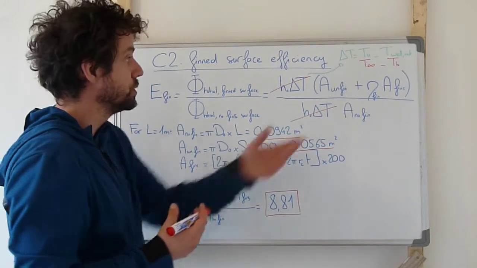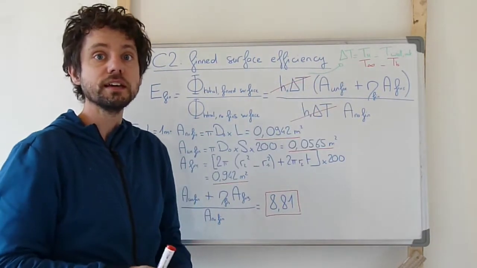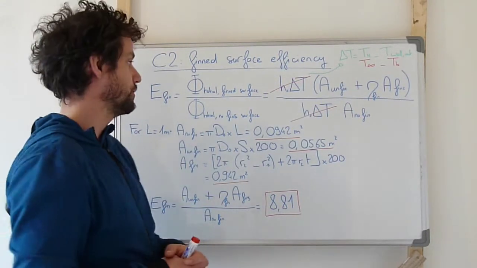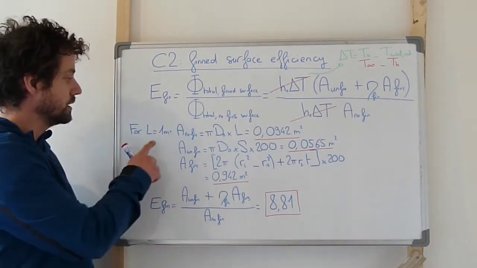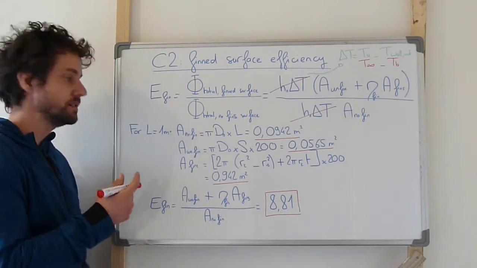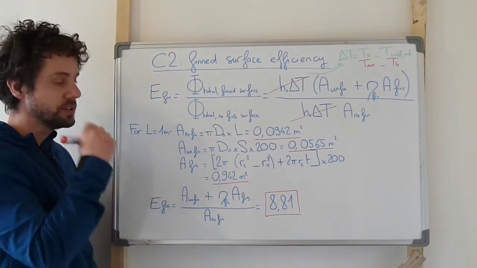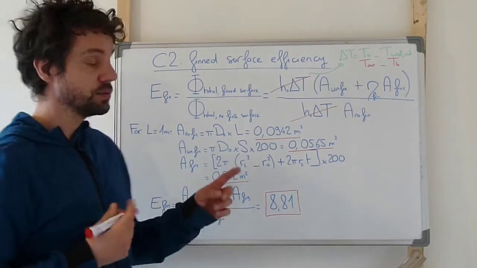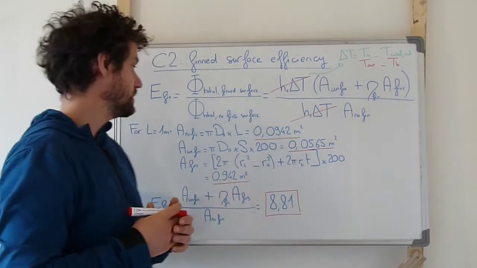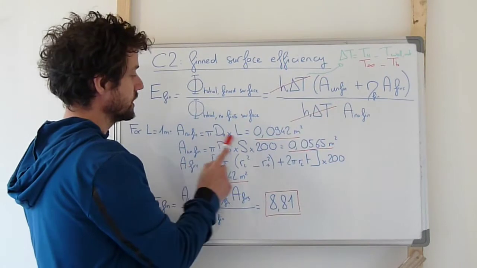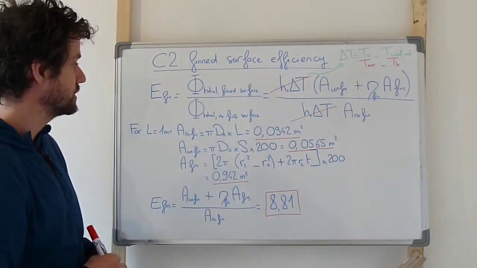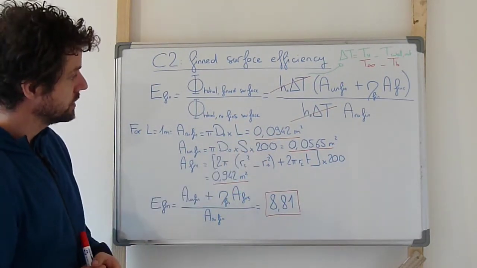But anyway we just want a ratio, so we can take any length for the calculation of the efficiency. I suggest to take as a basis a length of 1 meter, because we know that we have 200 fins per meter.